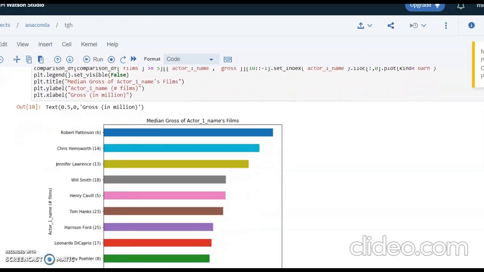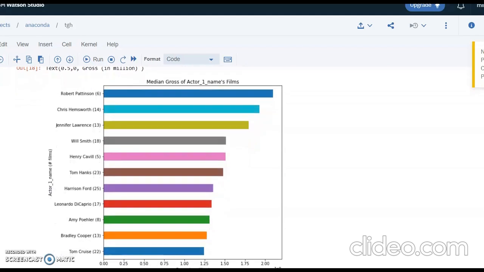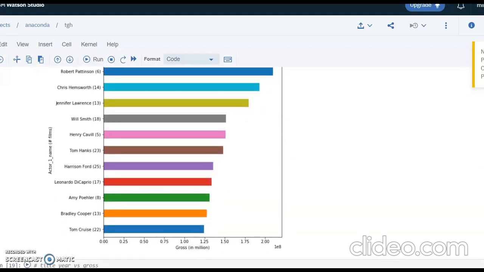If we see, Robert Pattinson was one of the more successful actors, and he had a lot of gross in the millions. We could also see that Tom Cruise was not as successful as the other actors. So we could see that actors that are more successful are actors that are in movies more often.